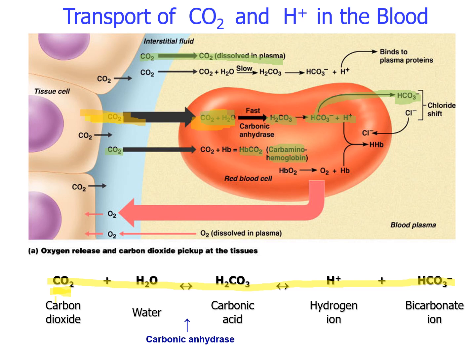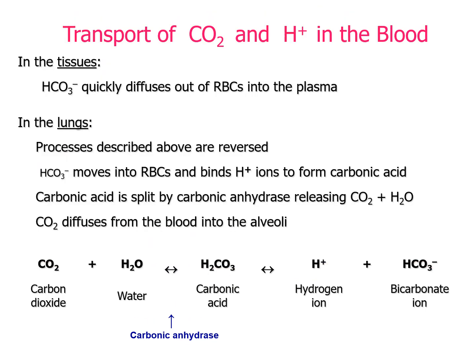So a small amount does dissolve into the plasma and stay there. The vast majority goes into the red cell, gets converted to carbonic acid, and then splits into bicarb and hydrogen ions, and the bicarb goes out into the blood plasma. And that's what's described here.